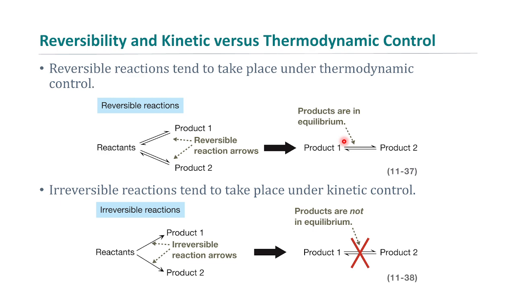Equilibriums are always thermodynamically controlled. Irreversible reactions are going to tend to be placed under kinetic control, because they don't have time to balance back the equilibrium, i.e. they don't have time to achieve a thermodynamic equilibrium, thermodynamic populations of the states. What they end up is just trapped wherever they happen to end up.